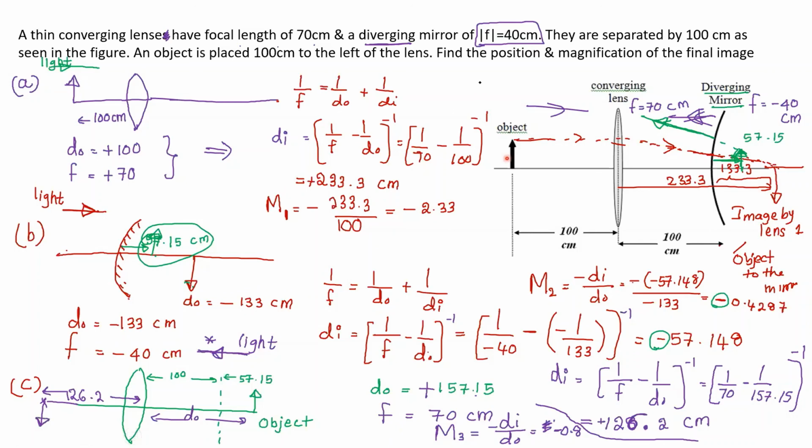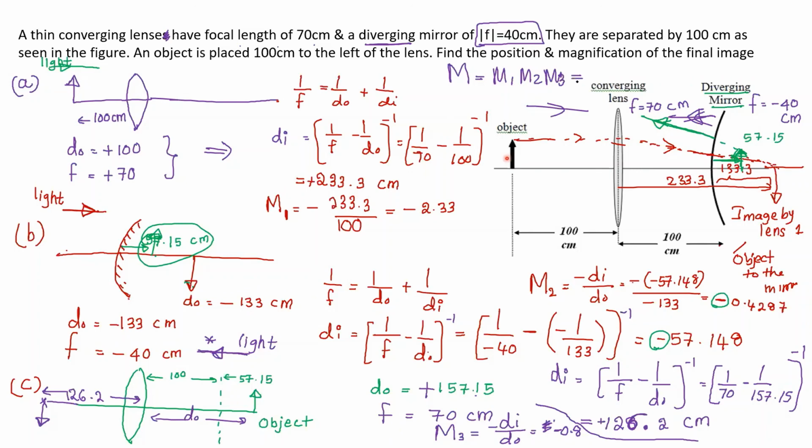And now we can calculate the total magnification, right? We know the total magnification is M1 times M2 times M3. So three things happened here. One, image was formed by the lens, then that image was used by the mirror to form an image again, and the mirror's image was again used by the lens to make an image. So three things are happening here.